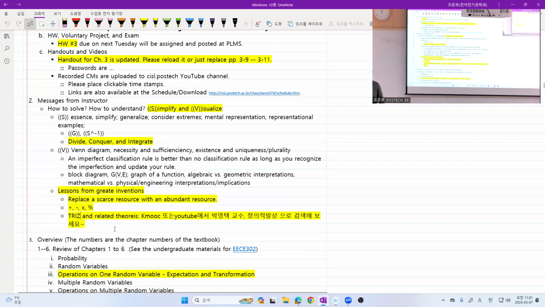Russians, especially the Soviet Union Russians, were very, colloquial Korean says, sincere. They were really eager to theorize everything. So they invented a theory of inventive problem solving.